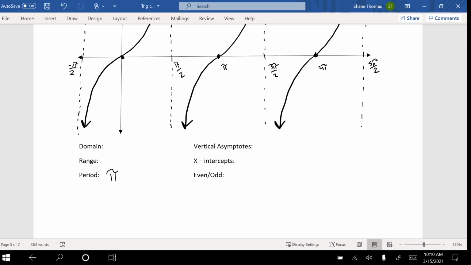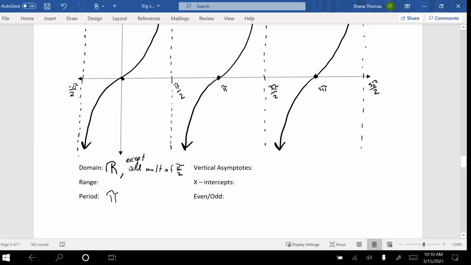All right, so here we go. The domain of just the base one would be all real numbers except those asymptotes, so except odd multiples of pi over 2.